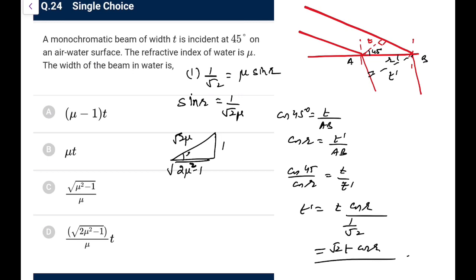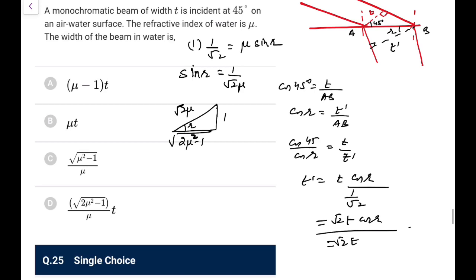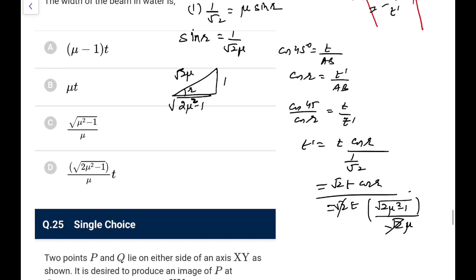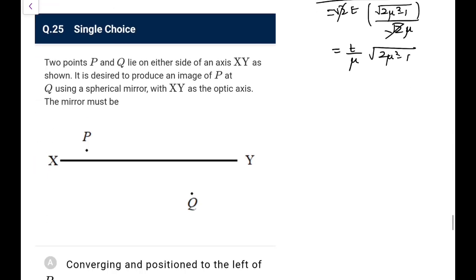So the cos r would be root of (2 mu squared minus 1) over root 2 mu. So t dash is root 2 t cos r, root 2 cancelled, so it is t by mu times root of (2 mu squared minus 1). Slightly mathematical but not that difficult, I suppose, for math students.